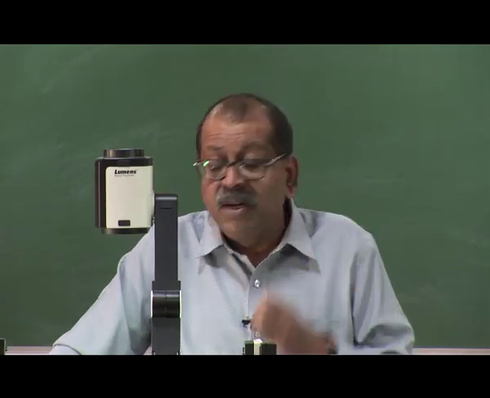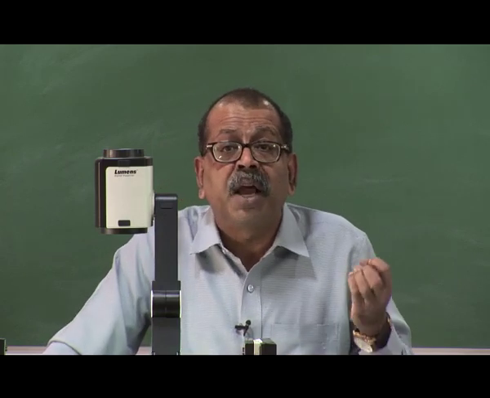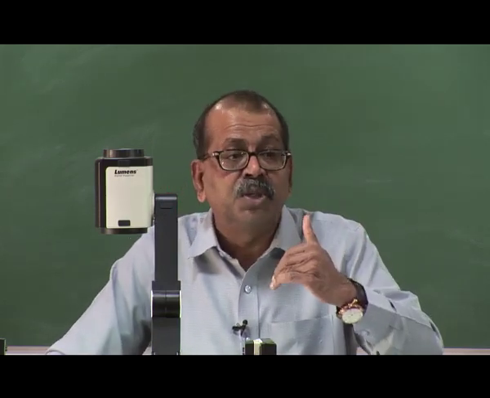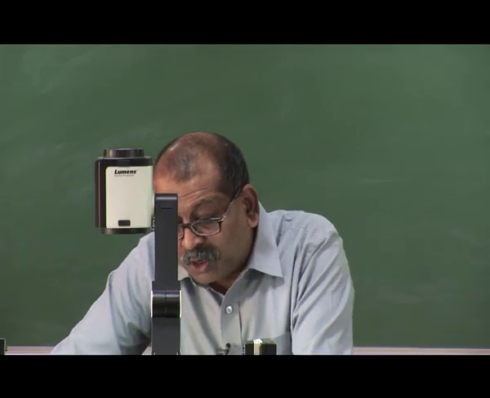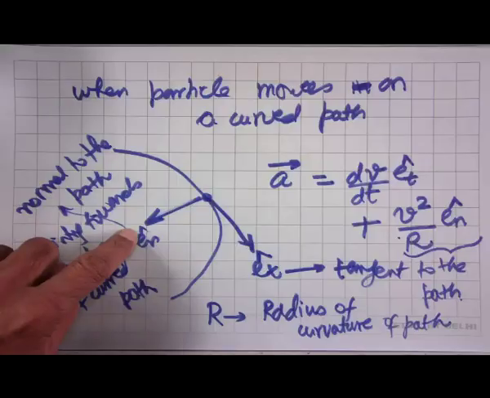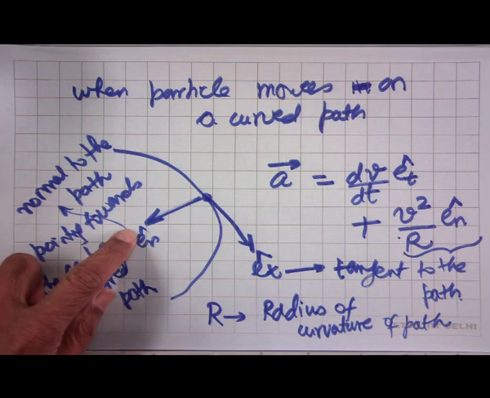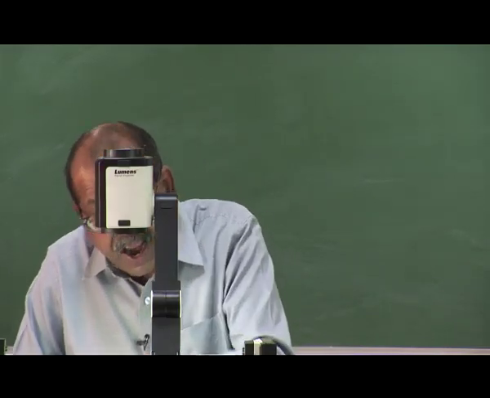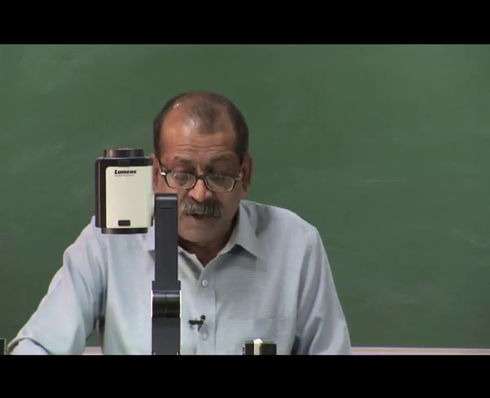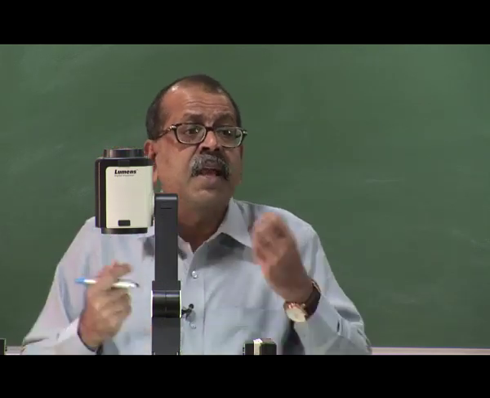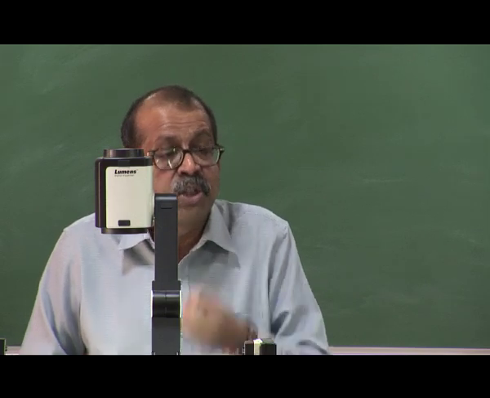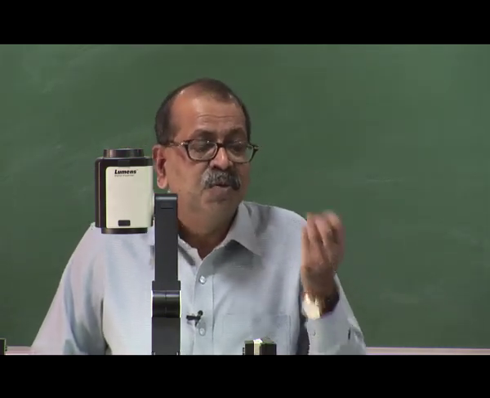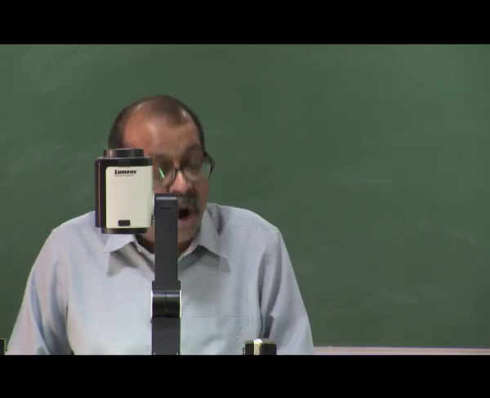the path. And this becomes very important when we apply Newton's law, because sometimes particles may be moving with a constant speed, but there has to be a component of acceleration normal to the path, which means a force has to be there because F is equal to m times a. So a force has to be there acting on the particle which will cause this acceleration to take place. And this force, as we see from Newton's law, has to be an external force when the particle is moving. So, how can it come?